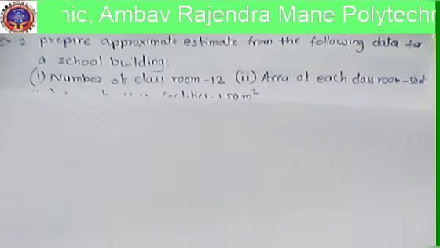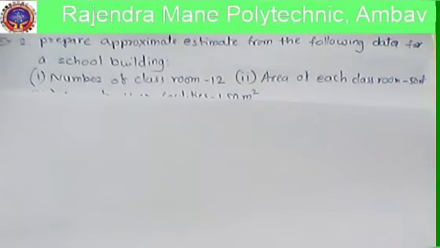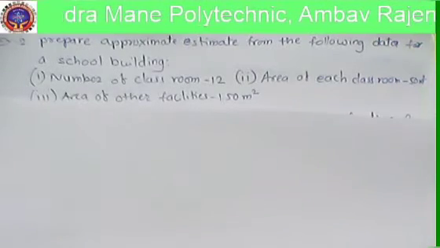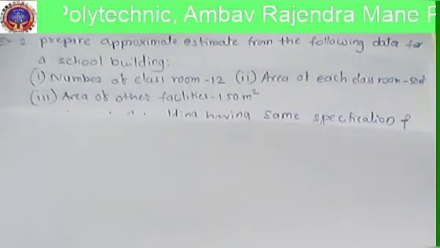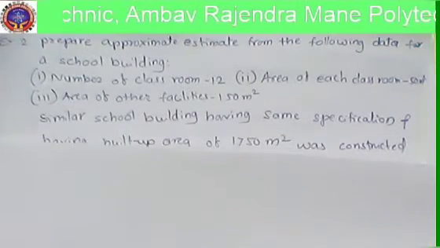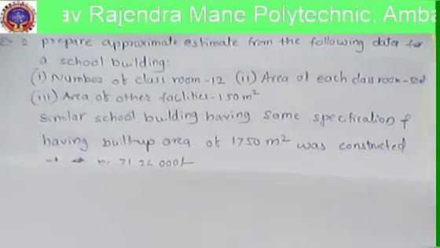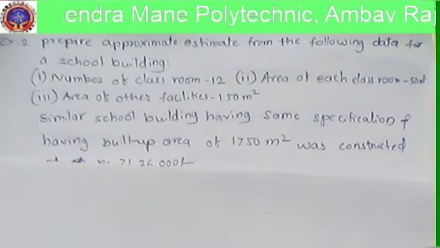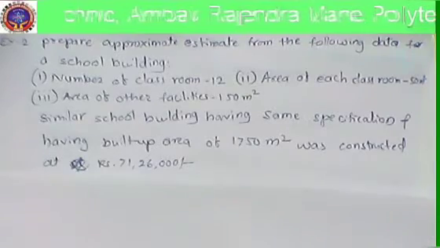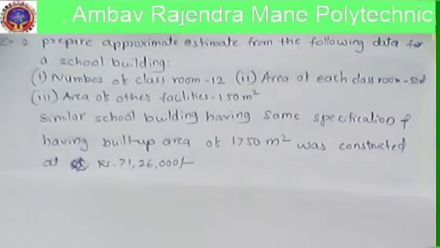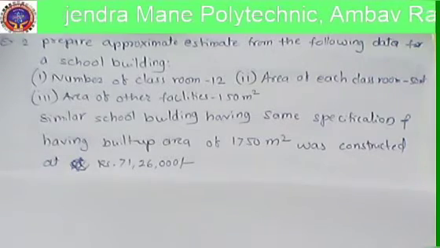Number of classrooms 12, area of each classroom 50 square meter, area of other facilities 150 square meter, and a similar school building having the same specification and a built up area of 1750 square meter was constructed at rupees 71 lakh 26,000. This is the problem statement.